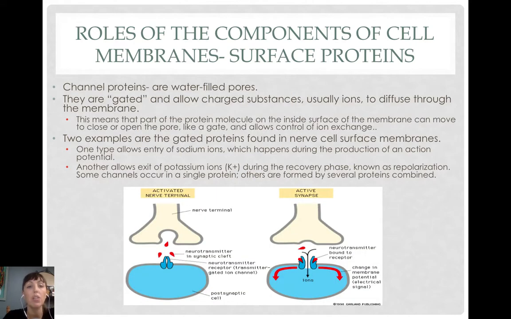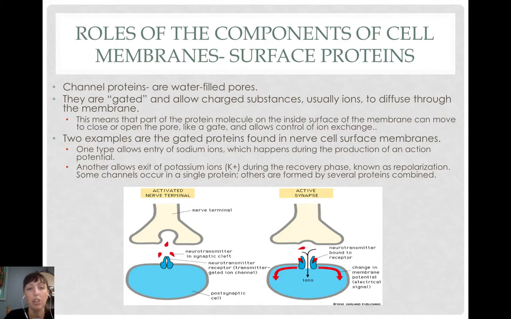Channel proteins are water-filled pores, and they're gated. They allow charged substances, usually ions, to diffuse through the membrane. This means that part of the protein molecule on the inside surface of the membrane can move to close or open the pore, kind of like a gate, which allows control of ion exchange. Two examples are the gated proteins found in nerve cell surface membranes.